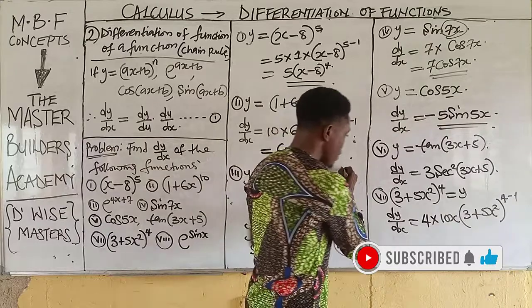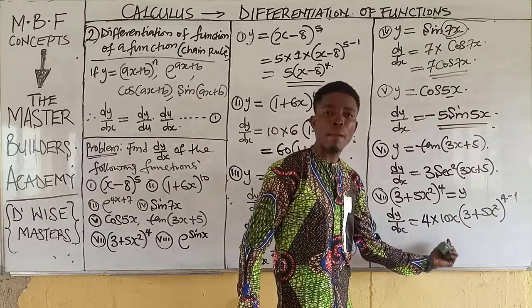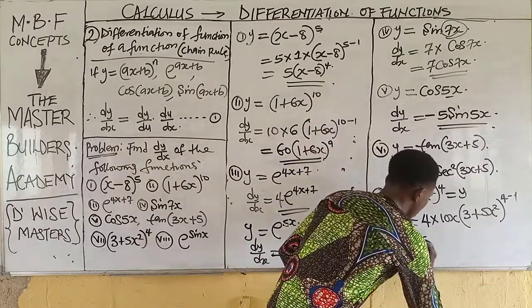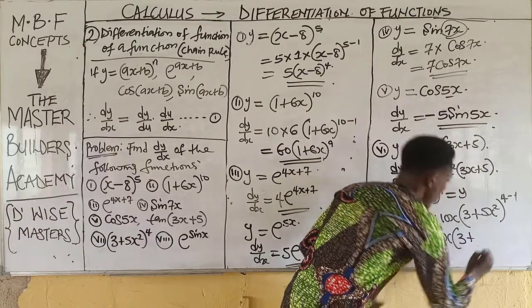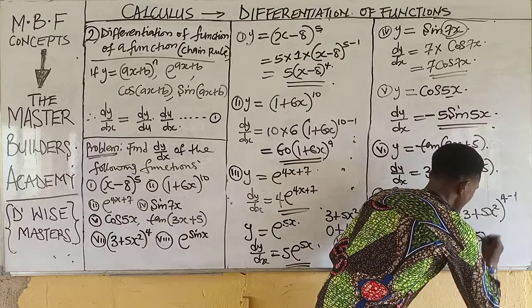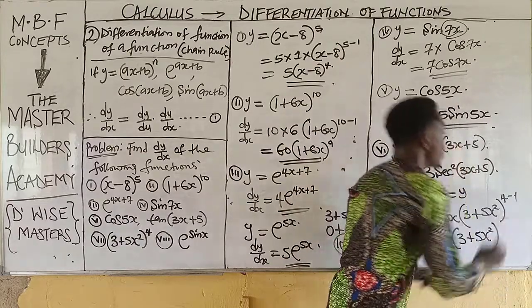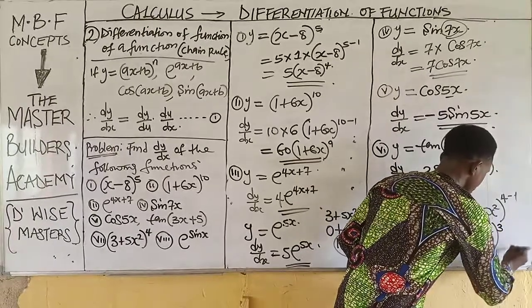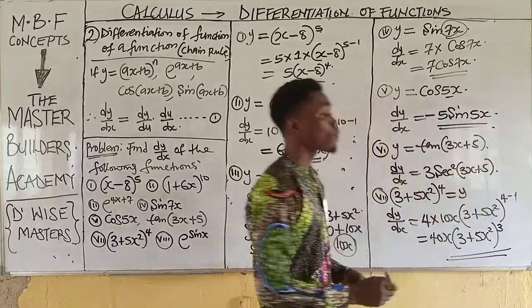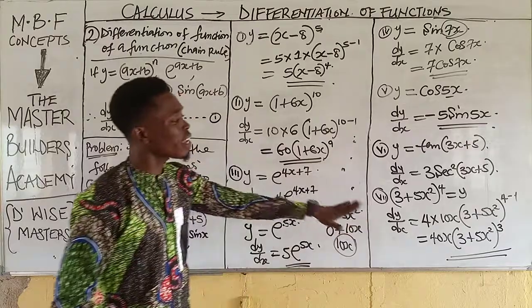Are we there? Now, if this is understood, 4 multiplied by 10x will give us 40x into (3 + 5x^2), with 4 minus 1, we have 3. This is the answer to this very question.